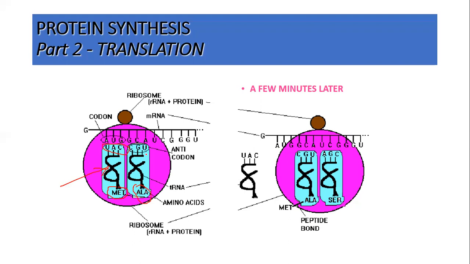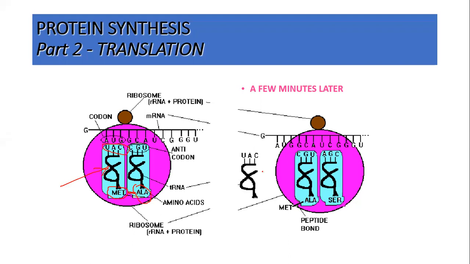So anytime there's a GCA on the messenger RNA, this transfer RNA is the only one that's going to attach to it, and it's going to bring only the amino acid alanine. Once these two are near each other on the ribosome, they will bond. You're starting to link amino acids together in the order that these codons are telling them to. That is the beginning of making a protein.